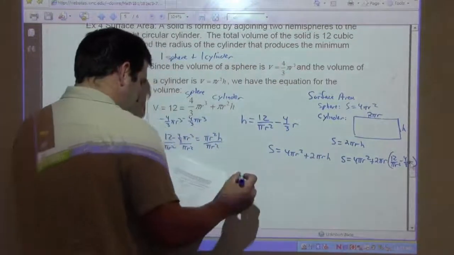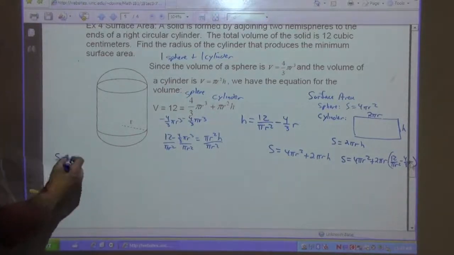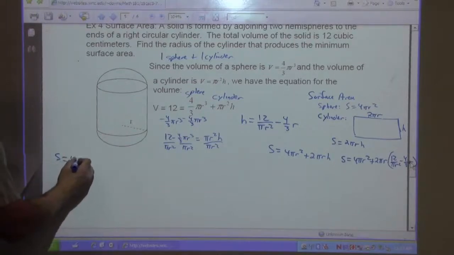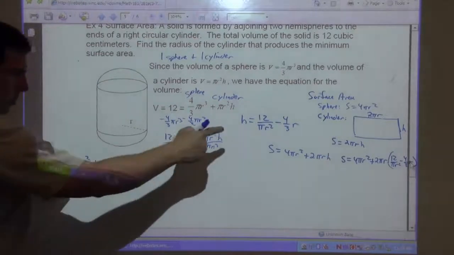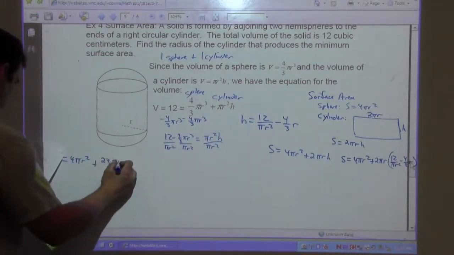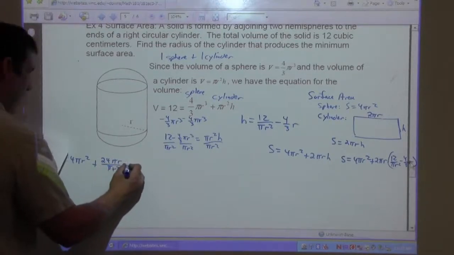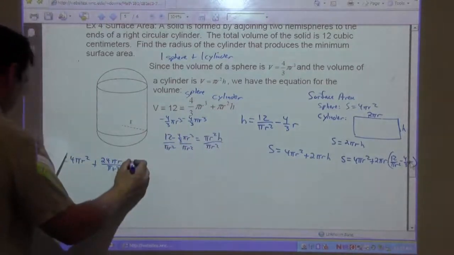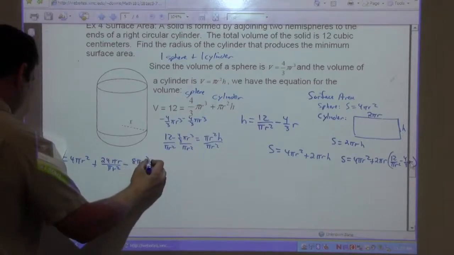So S, come over here, S equals 4 pi r squared plus, if you 2 pi r times 12, it's 24 pi r over pi r squared minus 2 pi r times 4/3 r, that's going to be 8 pi r squared over 3.